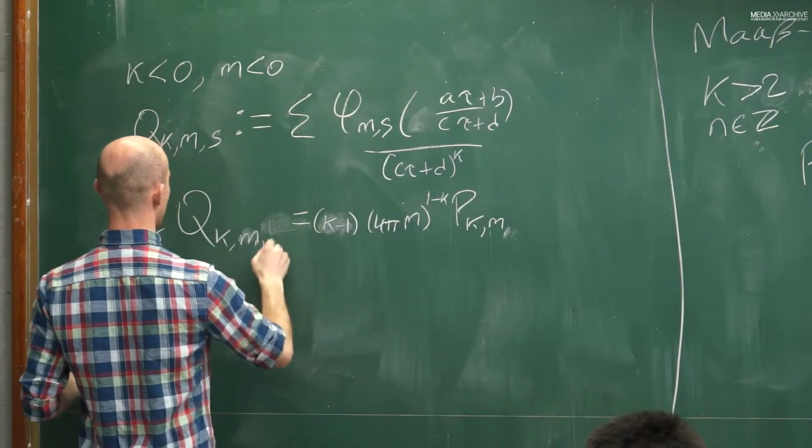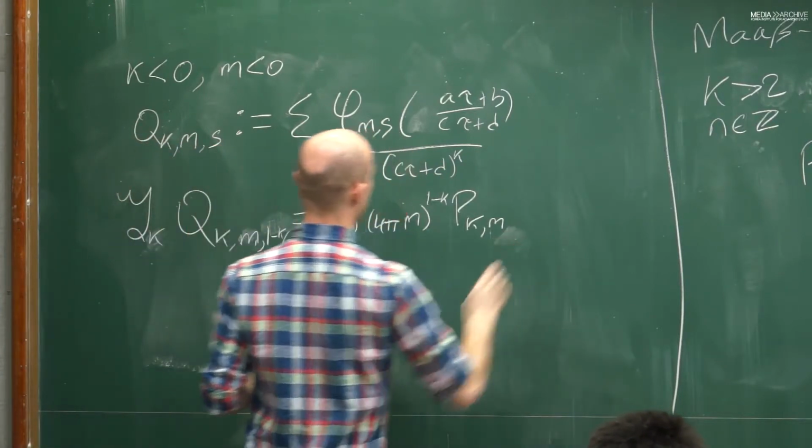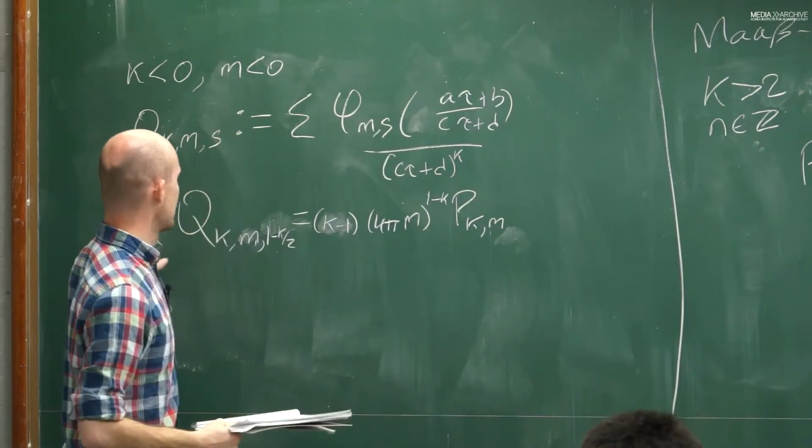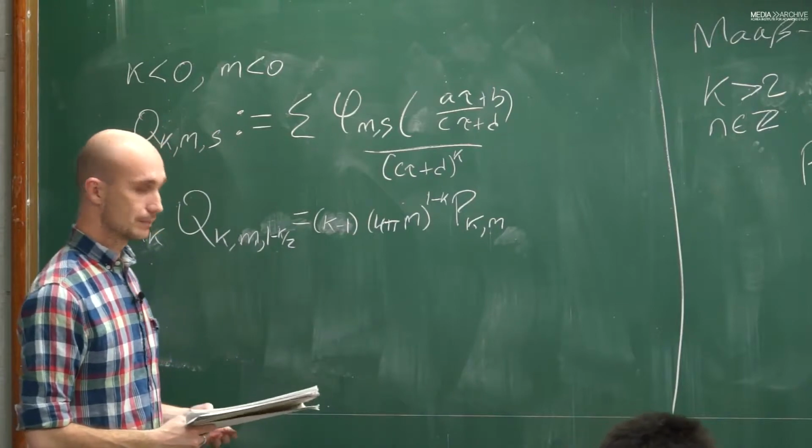I'm sorry, this is when it's specified at s equals 1 minus k halves. So the harmonic Maass form, the shadow, is given by this holomorphic Poincare series.